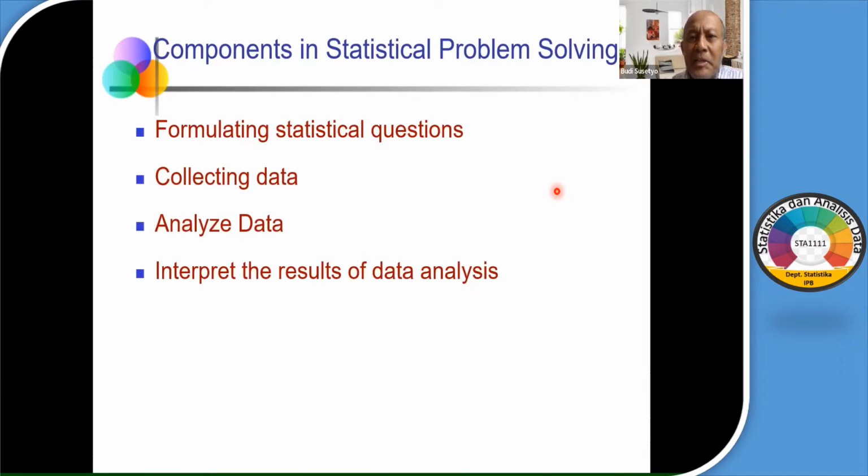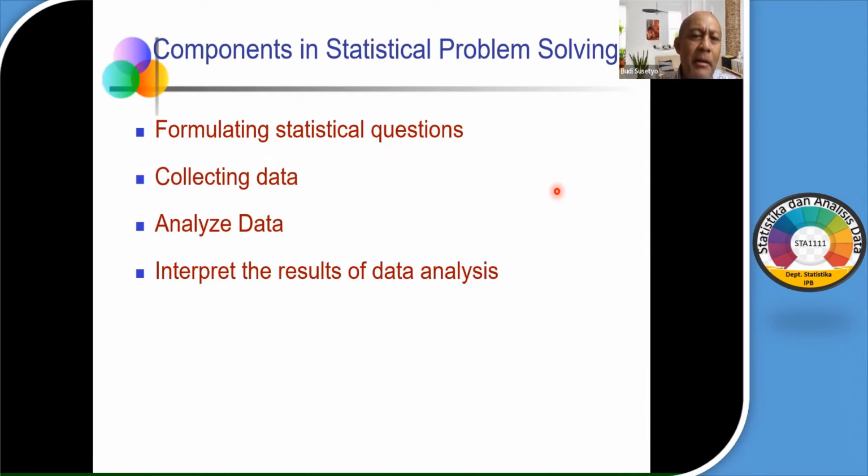So the components in statistical problem solving here. The first one, you have to formulate the question, and it could be better if you can also formulate the real situation question as a statistical question. Sometimes we call it hypothesis. And after you can formulate the statistical question, the next step, you collect the data.